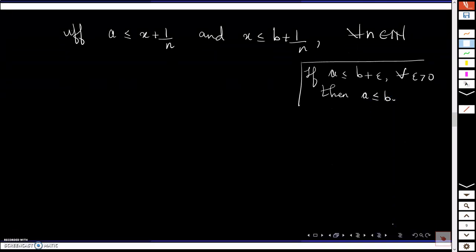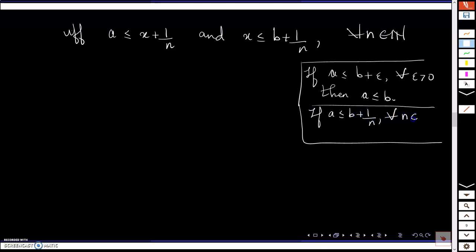I hope you all know this result. Another way of stating this is, if a is less than or equal to b plus 1 by n for every natural number n, then a is less than or equal to b. This is what I'm going to apply here.